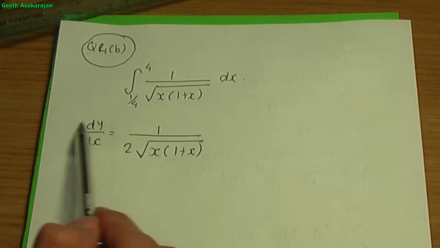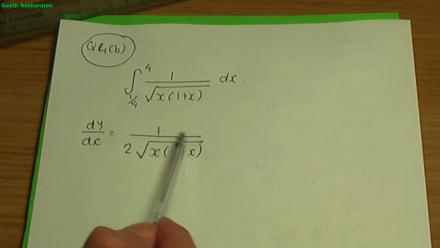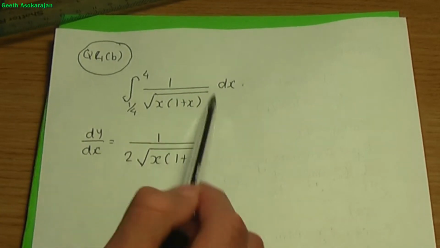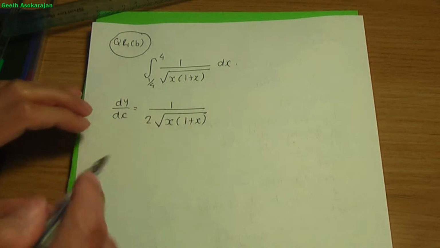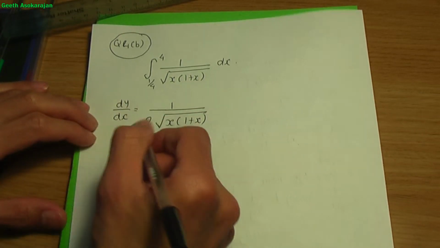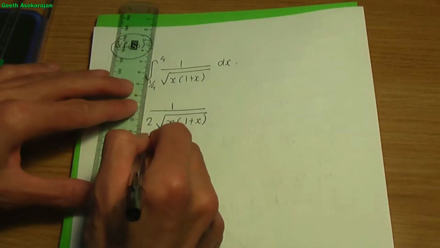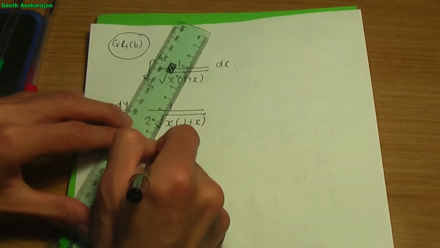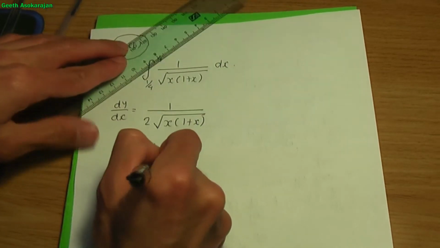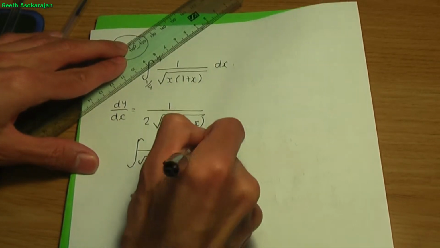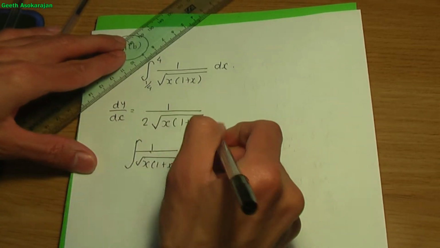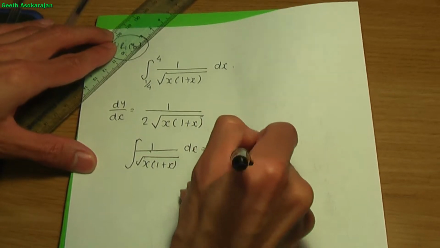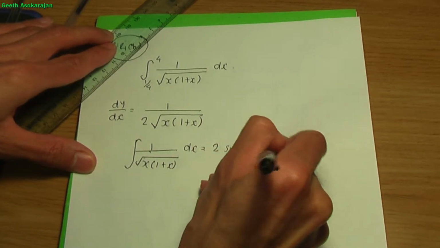Now bearing in mind that integration and differentiation are reverses of each other, we can use this fact to help us with this integral. So think about this: according to this result, if we integrate 1 over the root of x into 1 plus x with respect to x, we must get 2 inverse hyperbolic sine root x.